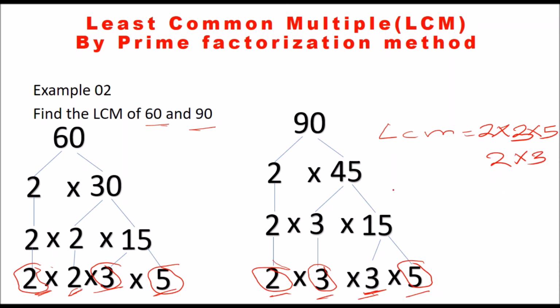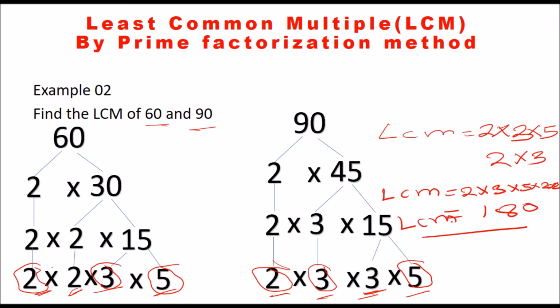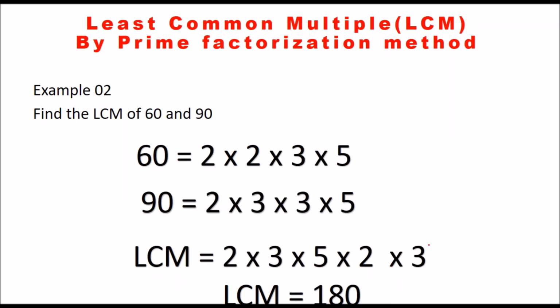So the LCM is equal to 2 times 3 times 5 times 2 times 3, which is equal to 180. This is the LCM.